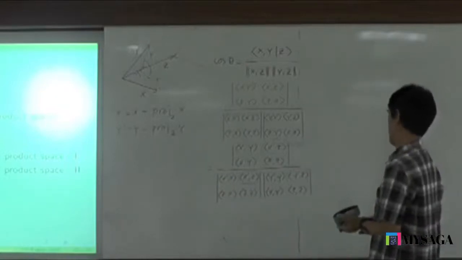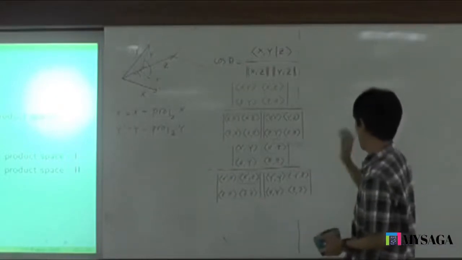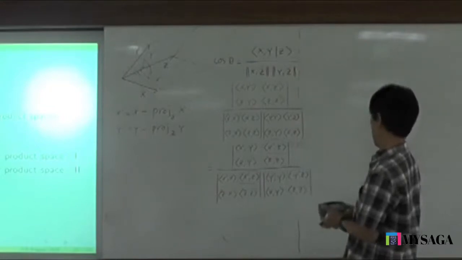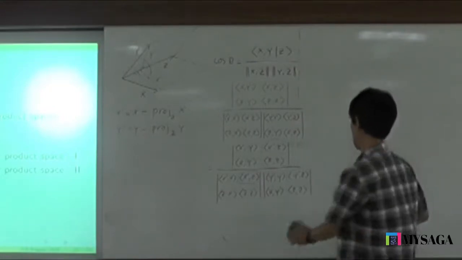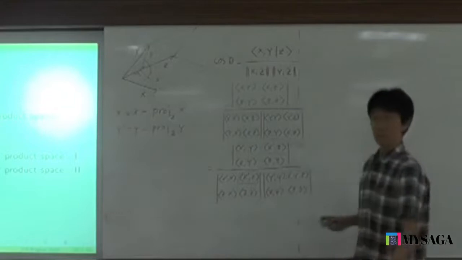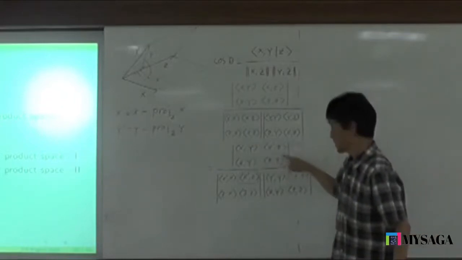So, okay. But we have to do one more operation. Now we do it with the column. You see y here and you see z there.